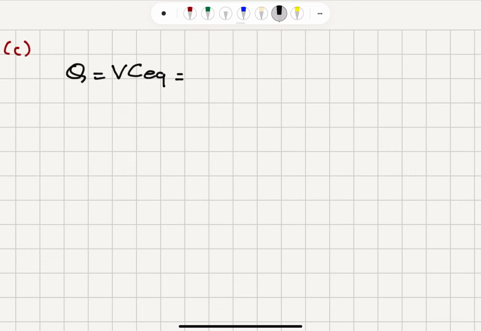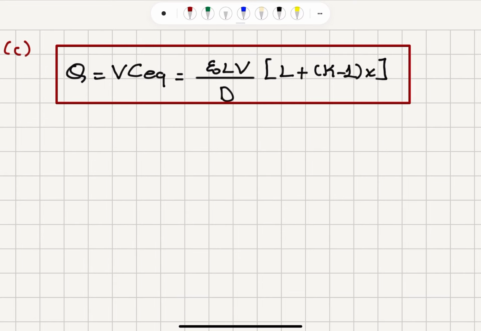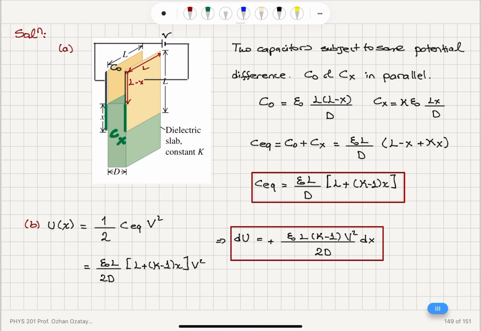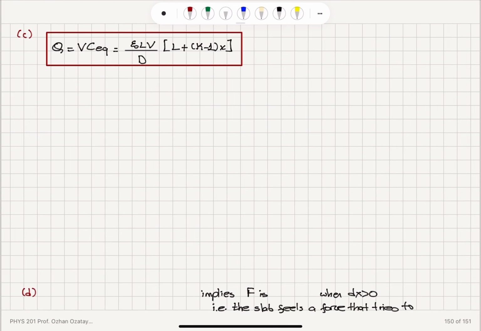So it is going to be epsilon 0 L V over D times (L plus (kappa minus 1) x). This is our stored charge. So I've copied the equivalent capacitance from part A of the problem.